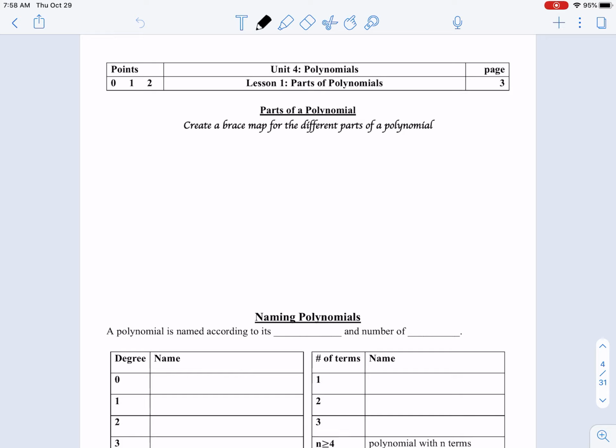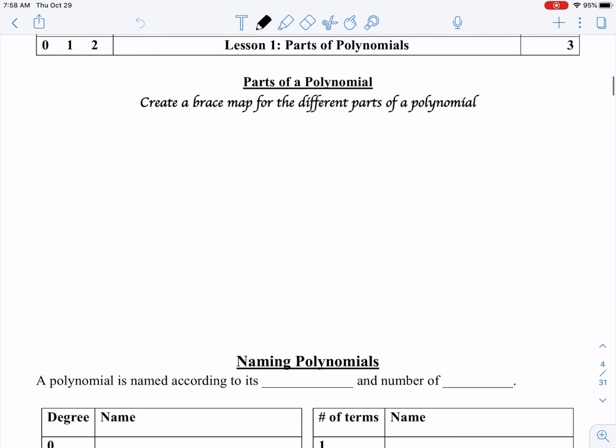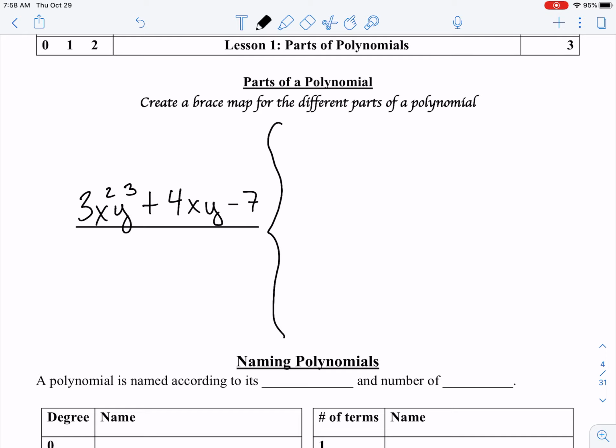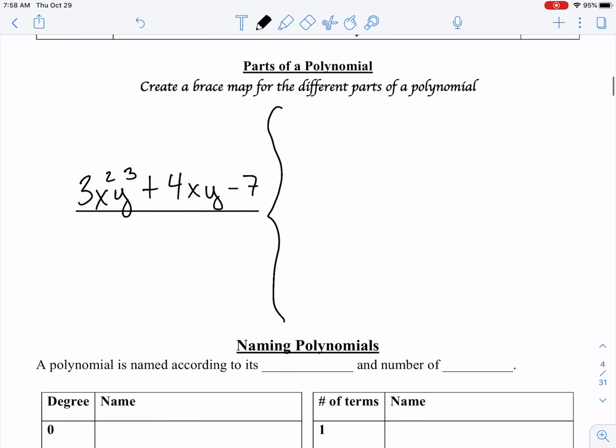Today what we're going to do is look at the different parts of a polynomial. So if we just write out any regular polynomial, what we want to do is list out the different parts and pieces that are important.